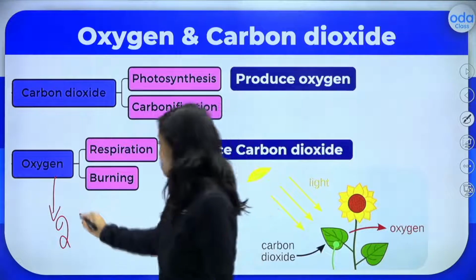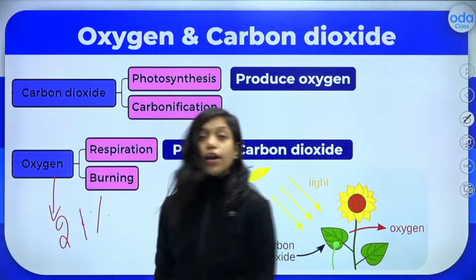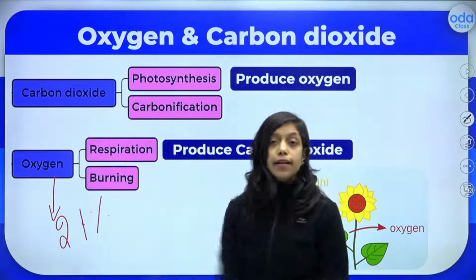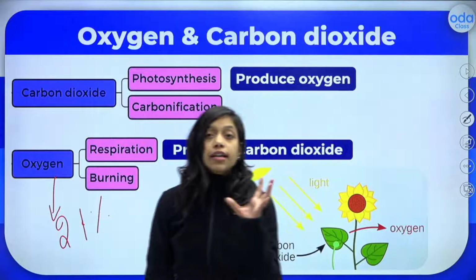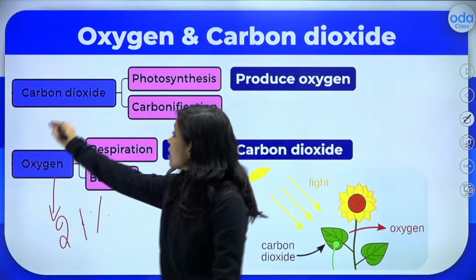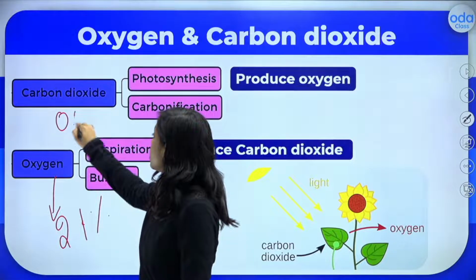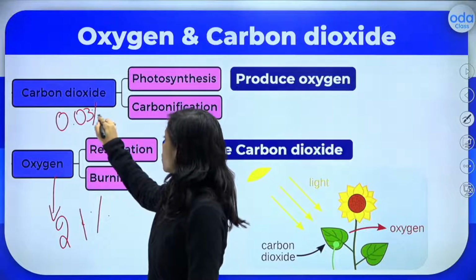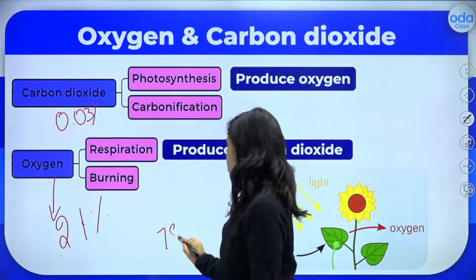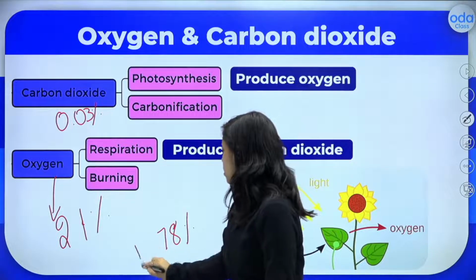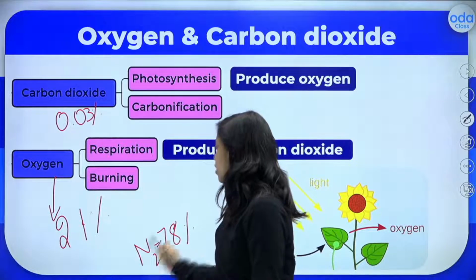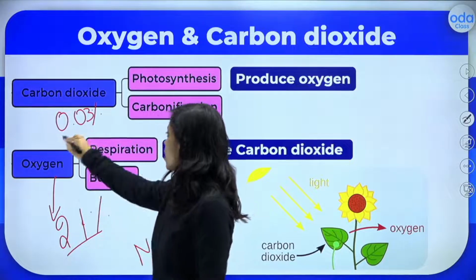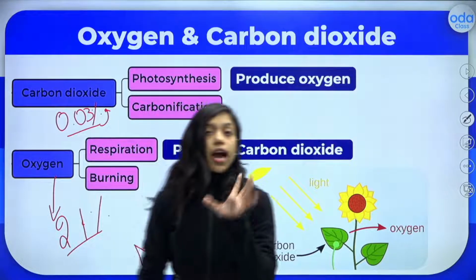What about carbon dioxide? How much percentage of carbon dioxide is present in the air? That is 0.03%. Okay, so 78% nitrogen, 21% oxygen and 0.03% of carbon dioxide.